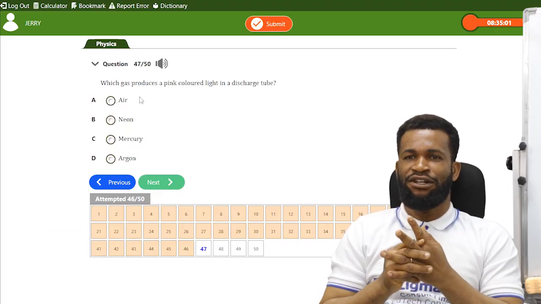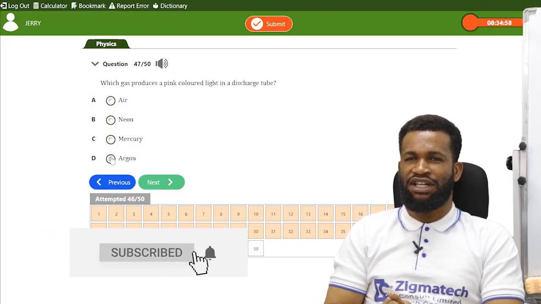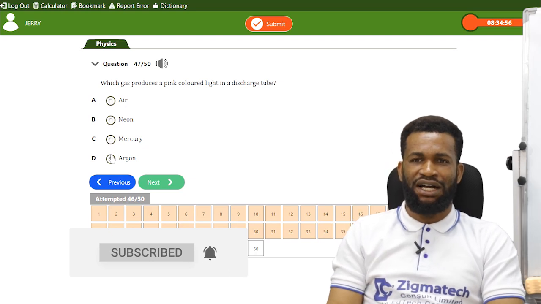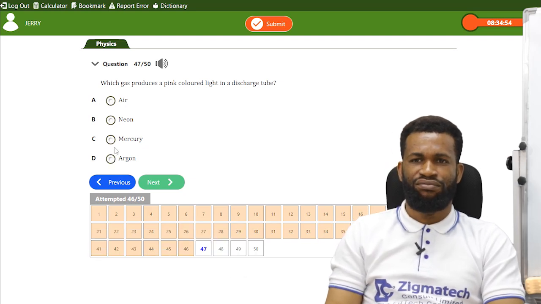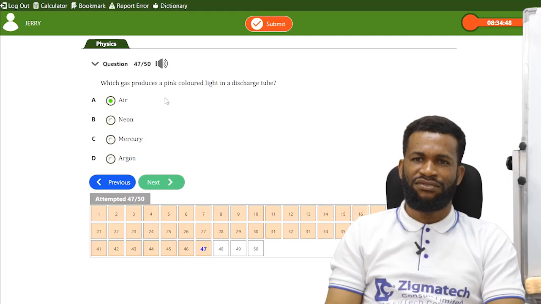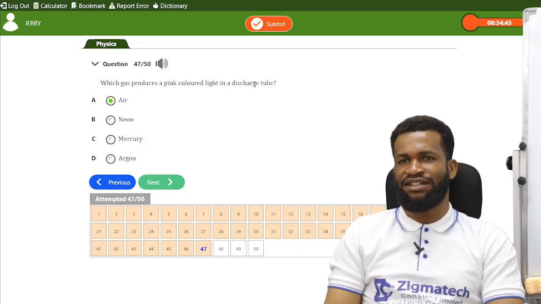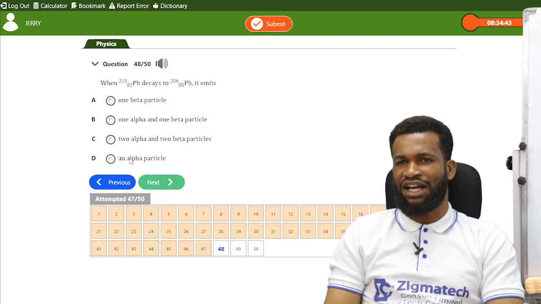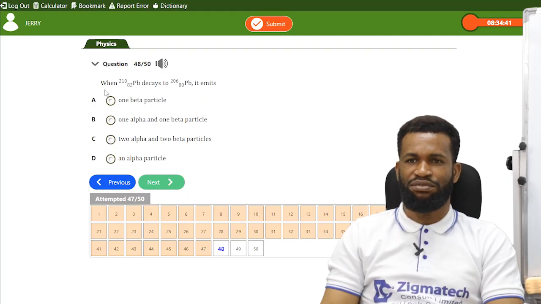So for the kind of gas that produces a pink colored one, it can't be argon, because argon produces a different color. It's not pink, it's not neon. So I'll choose air. Air is the gas that can produce a pink color in a discharge tube.